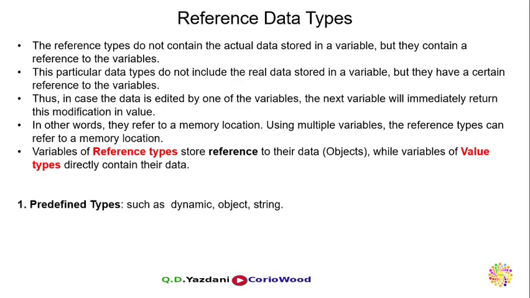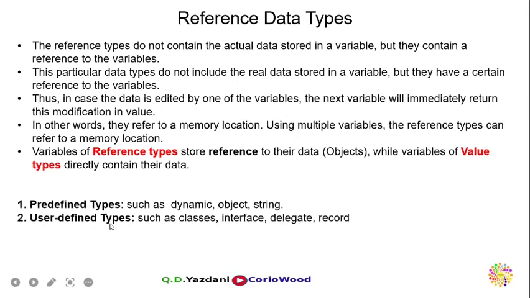So there are two types again in reference data types. The first one is the predefined types, such as dynamic, object, and string. And the second one is user defined, such as classes, interfaces, delegates, and records. So in the next video, we're going to talk about the predefined ones, because the user defined ones are defined by the user.